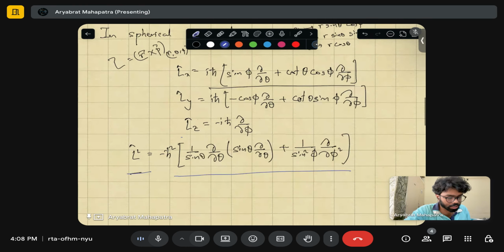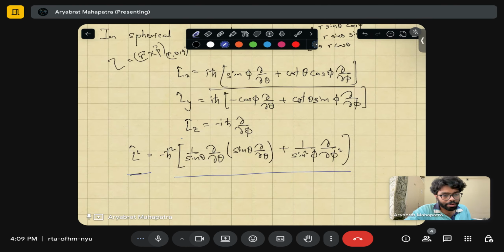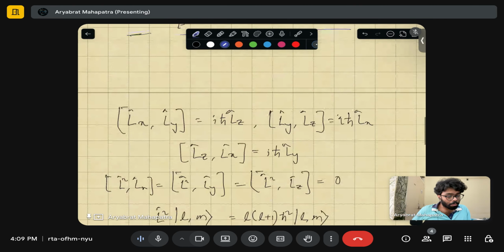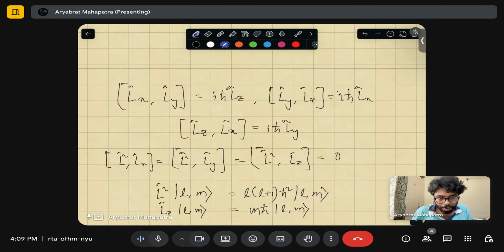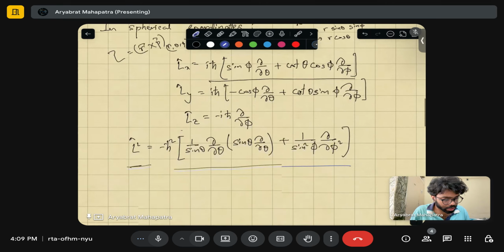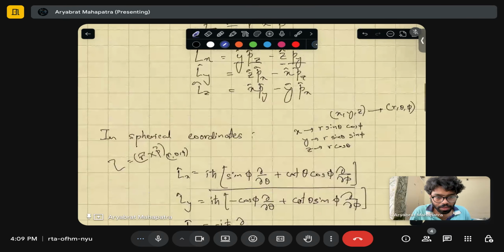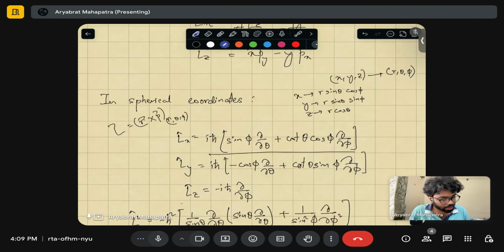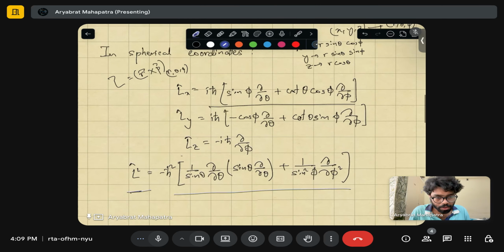This is also something you come across very often in your quantum mechanics level 1 course. So this is just a preview, and again some more features of these operators. If you have any doubts or questions on these forms, or anything that is not clear, feel free to ask.